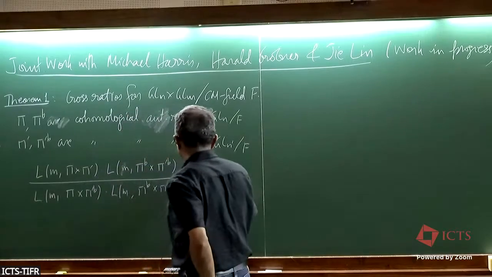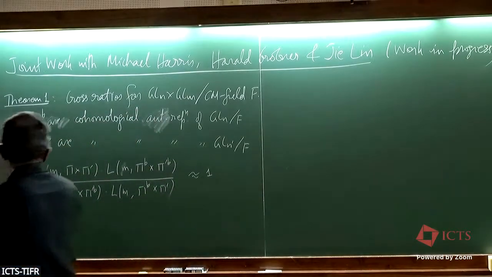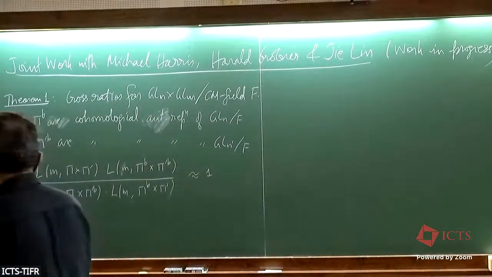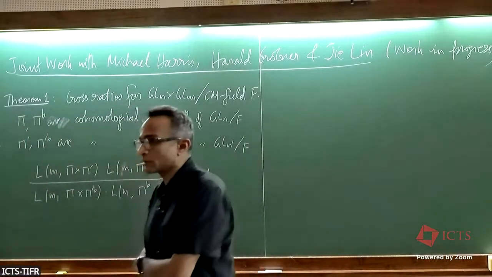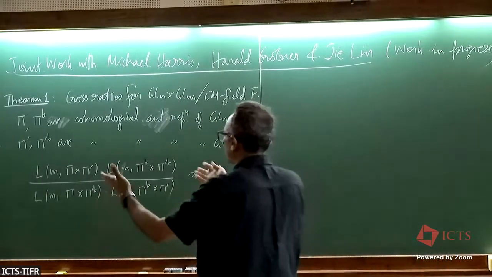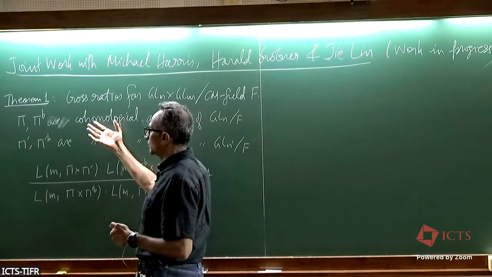This is algebraic and Galois equivariant. So that's the first theorem. Automorphic, isobaric. When I get into details after this overview, I will show you a proof when both are cuspidal.